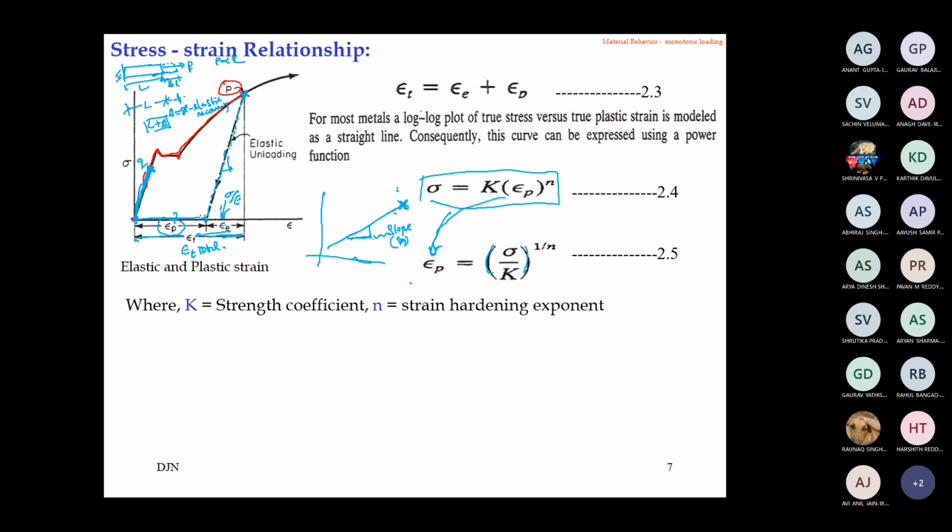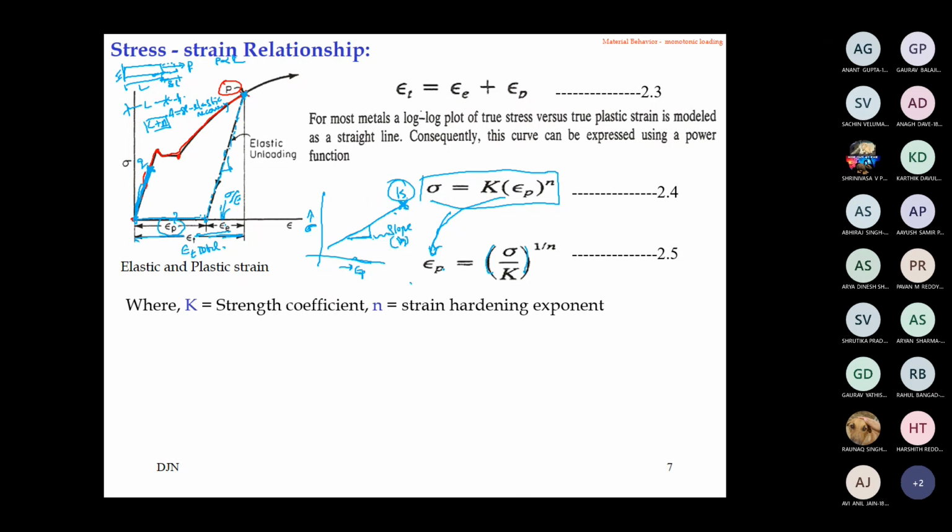That becomes the parameter k, the strength coefficient, in a graph of sigma versus epsilon p, the plastic strain. In this graph, the slope of the curve is n, the strain hardening exponent, and k is the strength coefficient, usually the true fracture strength in the absence of data, or k can also be determined experimentally.